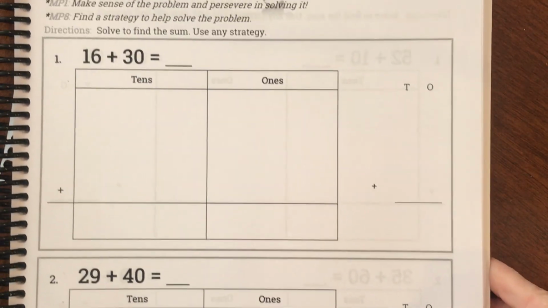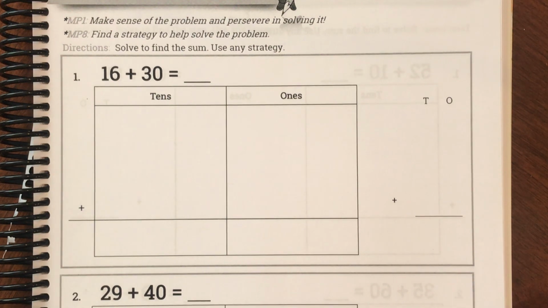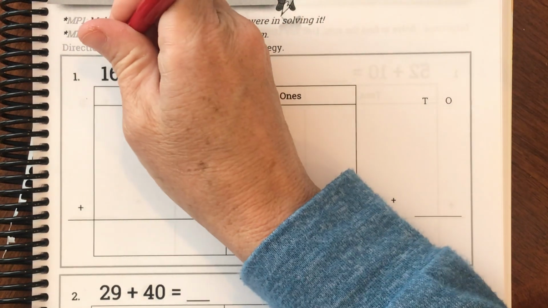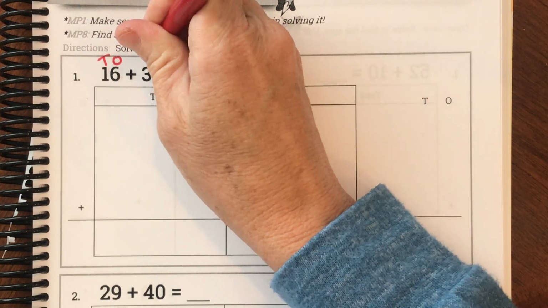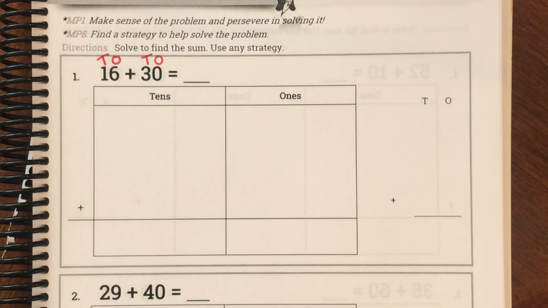My first problem says 16 plus 30. So 16 plus 30. Okay, so what do I know? I'm going to put my place values first. Ones, tens. Okay, so I'm going to actually use the place value strategy for this.